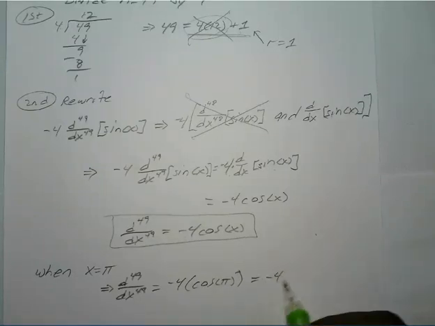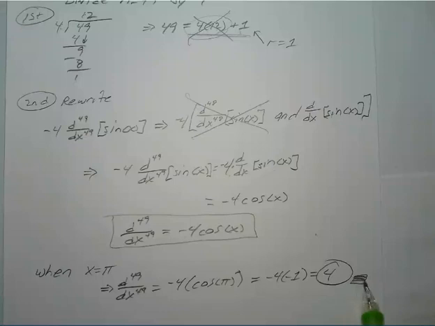That gives us -4 times -1, which is 4. So at the 49th derivative, it's 4 at x equals pi.